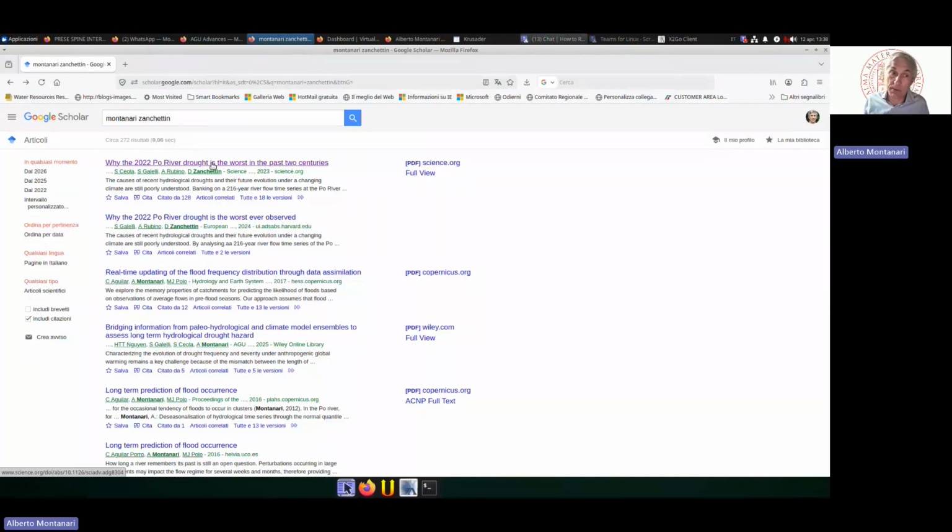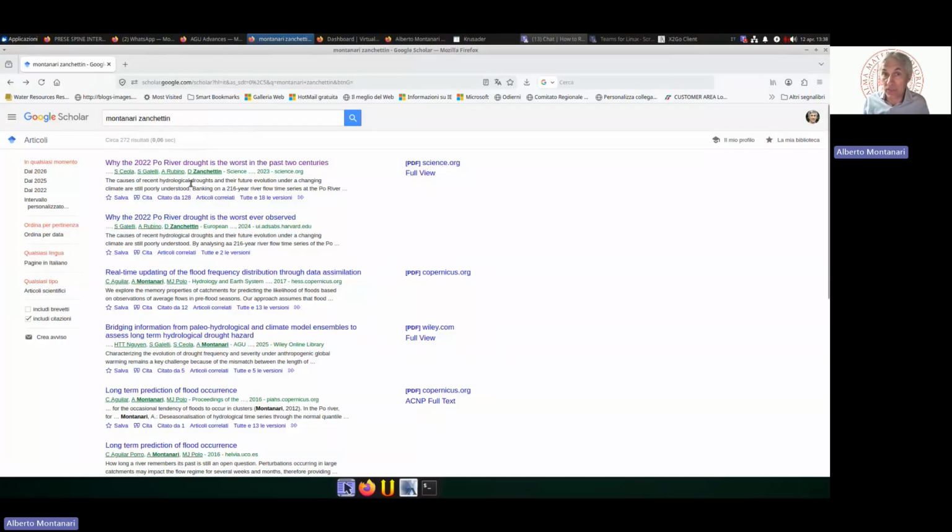And therefore, keep in mind that this number may be an overestimation of the citations that come from scientific papers, which are, in a way, the most relevant if you want to gauge the interest of the scientific community.